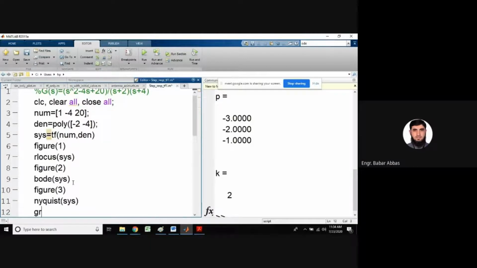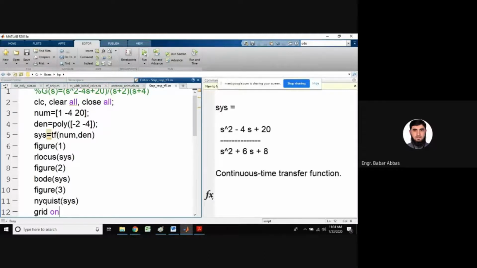And the last command will be grid on. So let me execute the program. So this is the transfer function: s square minus 4s plus 20 over s square plus 6s plus 8. This is the transfer function.